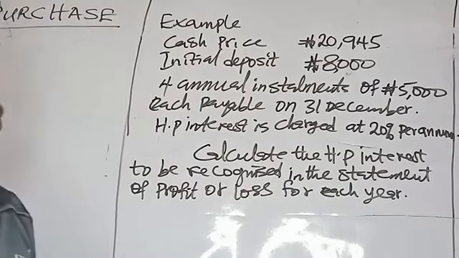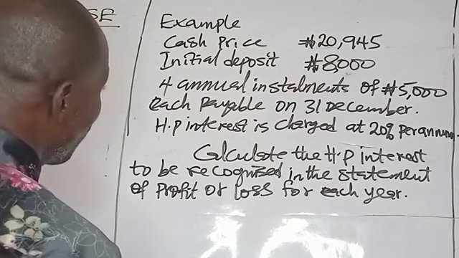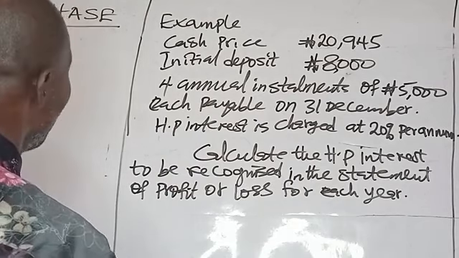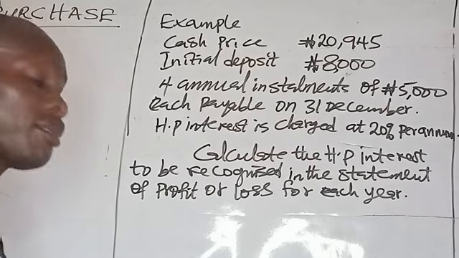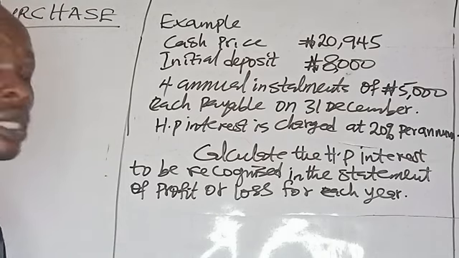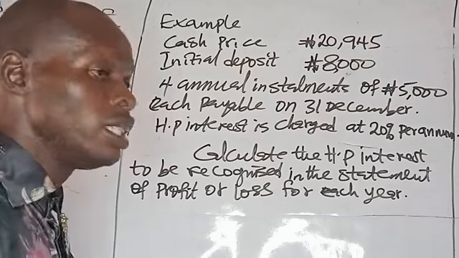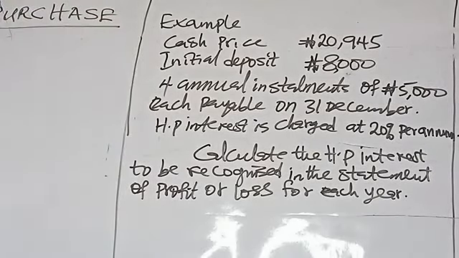So this is the question. Now you want to calculate the hire purchase interest. I've given you the format for setting up the amortization table, and that format will be used to calculate the hire purchase interest to be included in each of the installments.